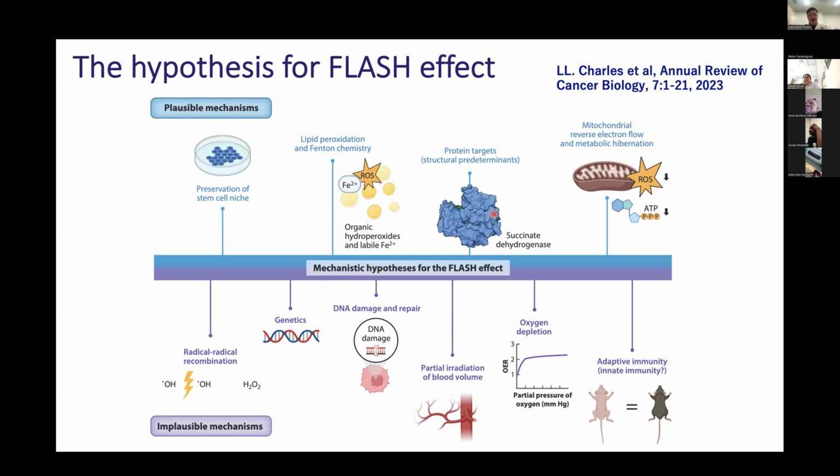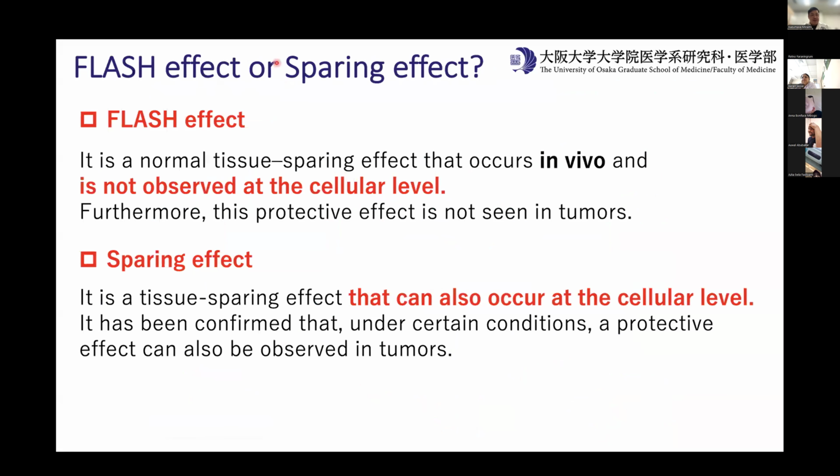The current situation is that there are still no firm conditions under which the FLASH effect can be observed in cells. Originally, the FLASH effect has been defined as a phenomenon that occurs only in living organisms, including mice, humans and other animals, and it's considered not to be observed at the cellular level.